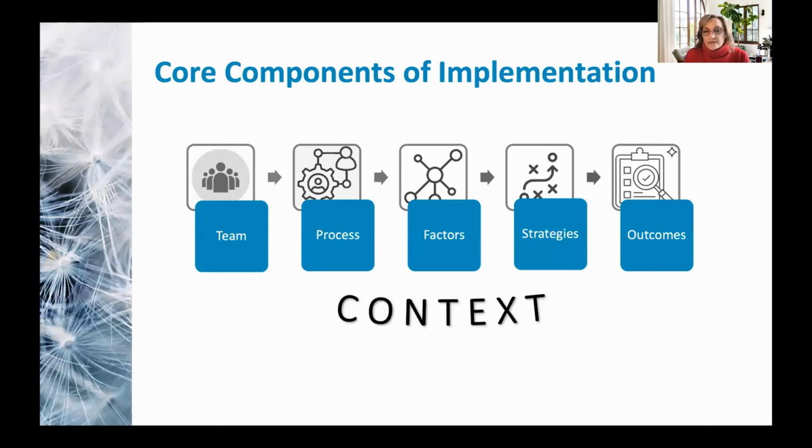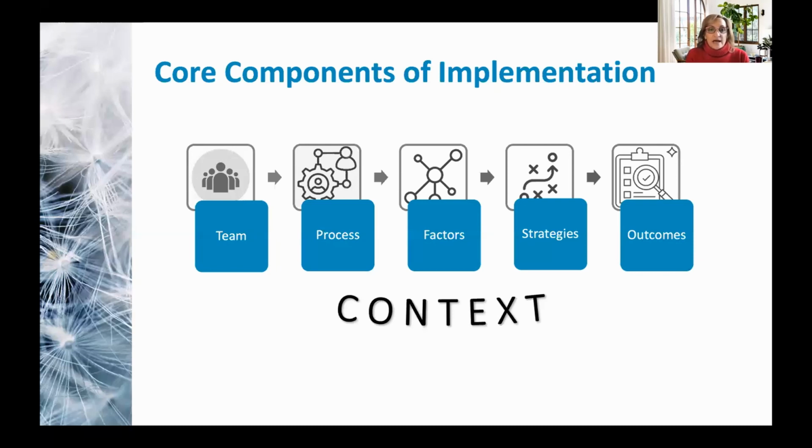And my task was to think about all of the science and implementation and give them a workshop that they would understand, that would hold their attention, and that would help them in understanding what they might need to do differently if they were to implement in their community-based organizations.